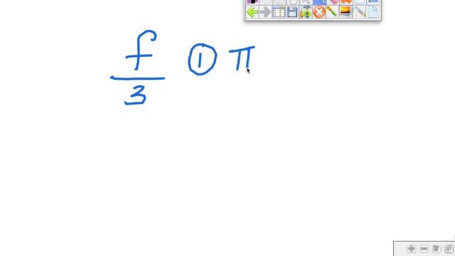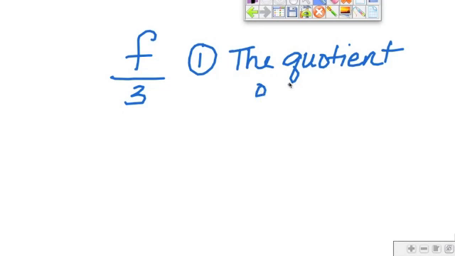Okay, let's try another one. What if we have something like f over 3? Well, one way we could write that is the quotient of f and 3.